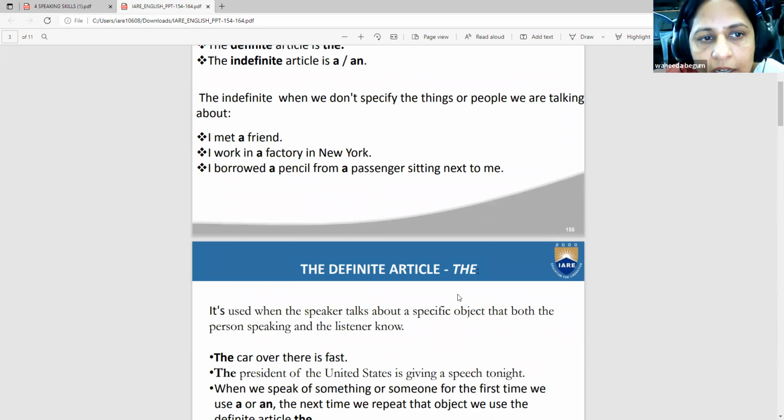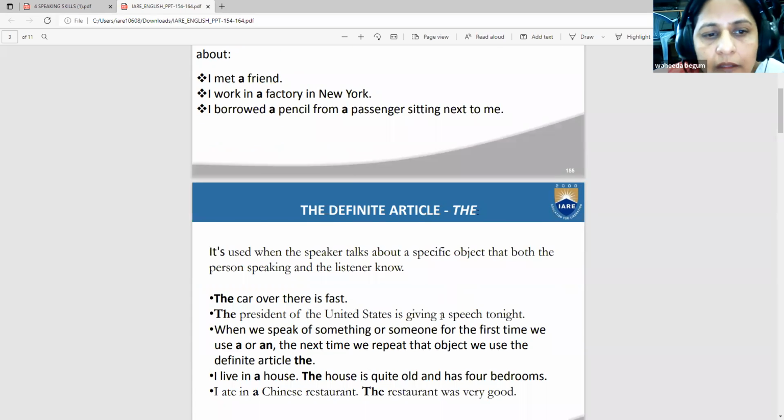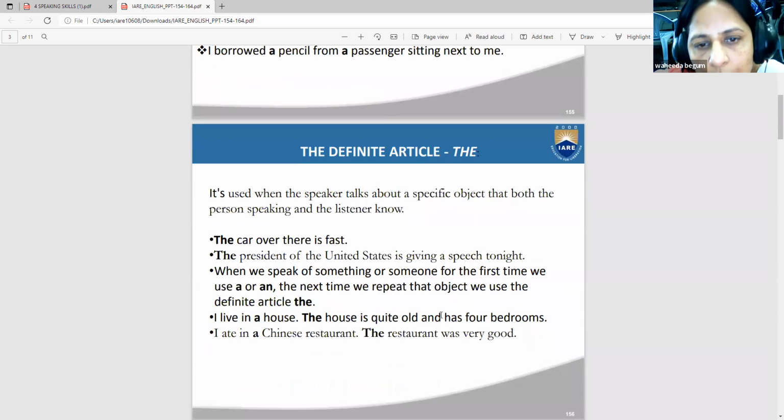All the words starting with consonant sounds will have a, and all the words starting with a vowel sound will have an in the singular. We all know this. The is used when the speaker talks about a specific object that both the speaker and the listener know.